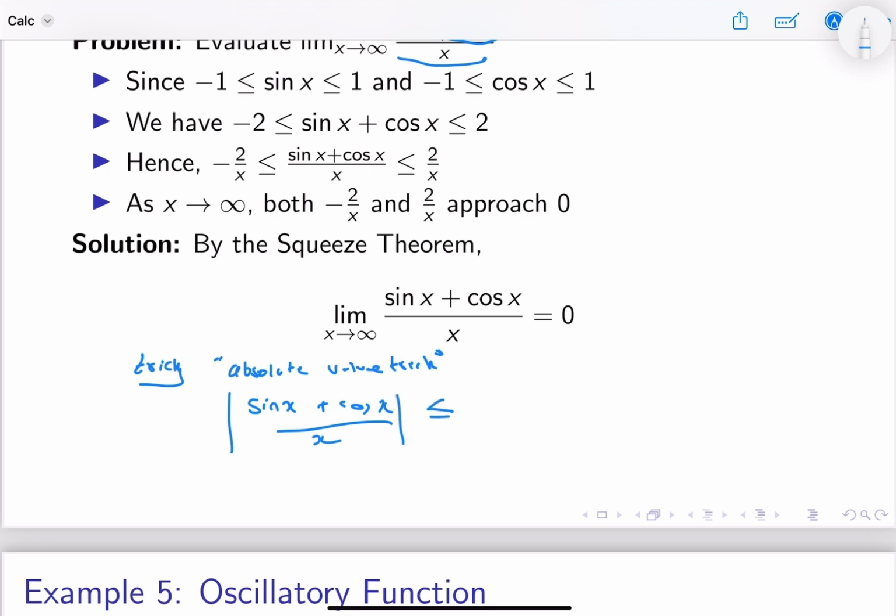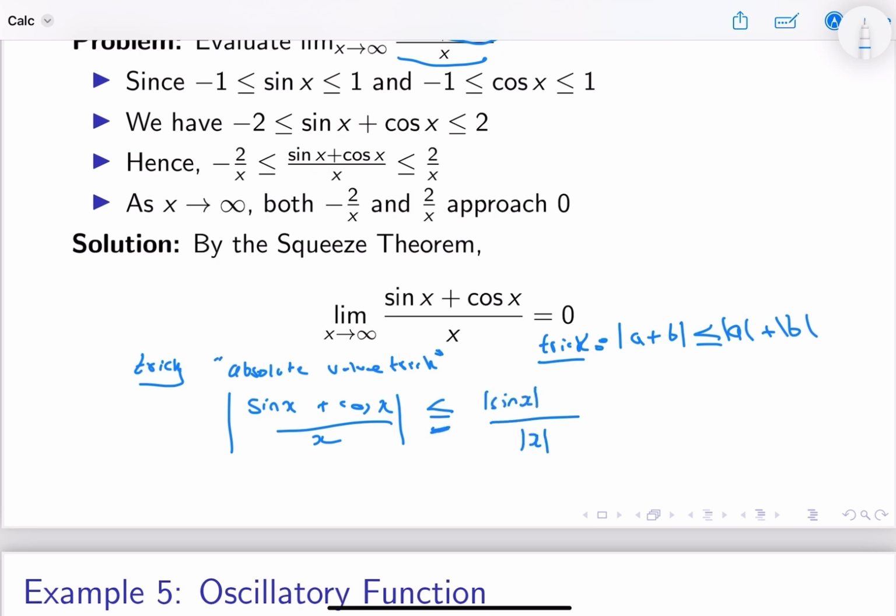Remember, triangular inequality says a plus b in absolute value is less than or equal to a in absolute value plus b in absolute value. This is important for you to remember. If you have two things in absolute value, they're going to be less than or equal to the sum of the absolute values.